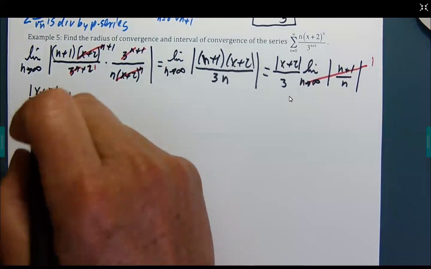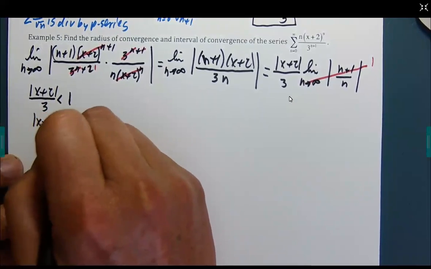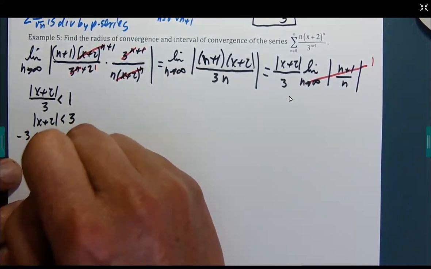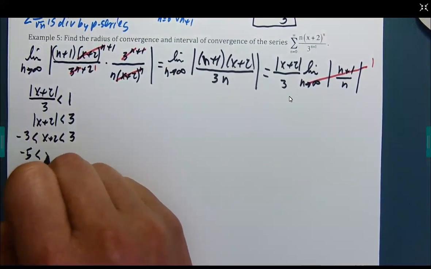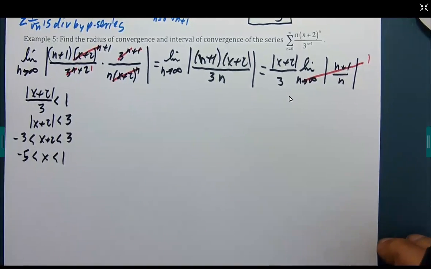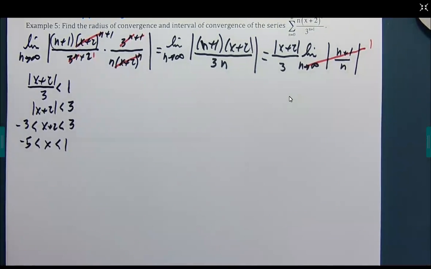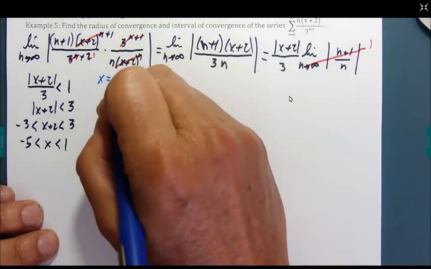All right, I'll knock the 3 over. Subtract the 2. There is our interval of convergence, and all we have to do now is test the endpoints. So we'll start when x equals -5.